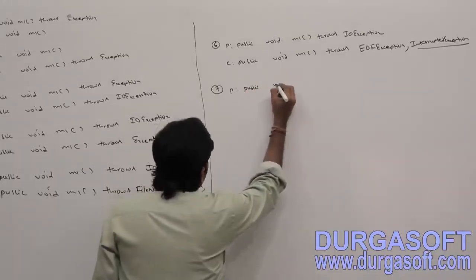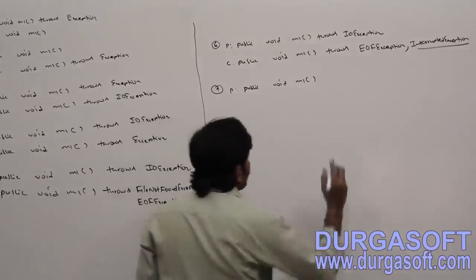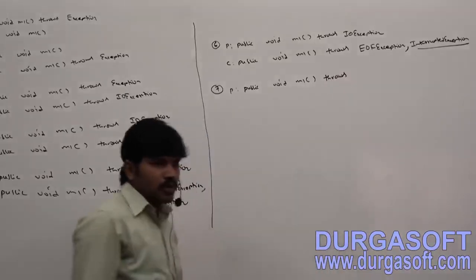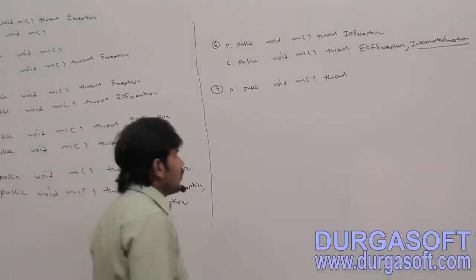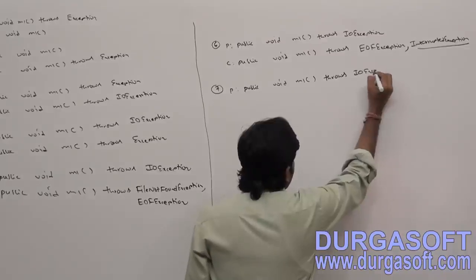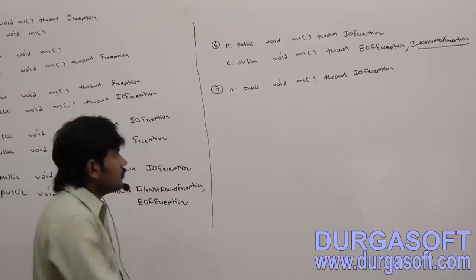Public void M1 throws, here observe a bit carefully, IOException.